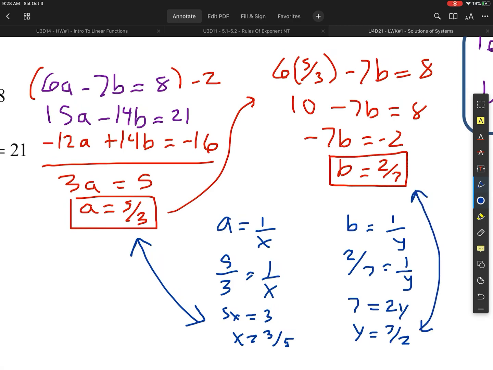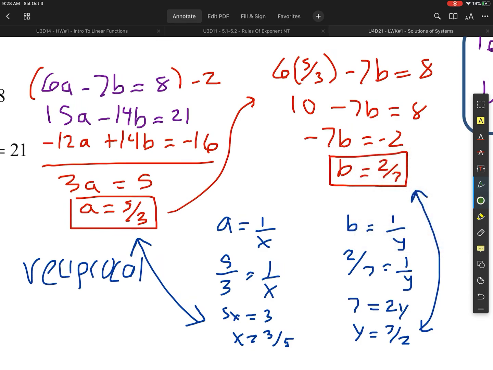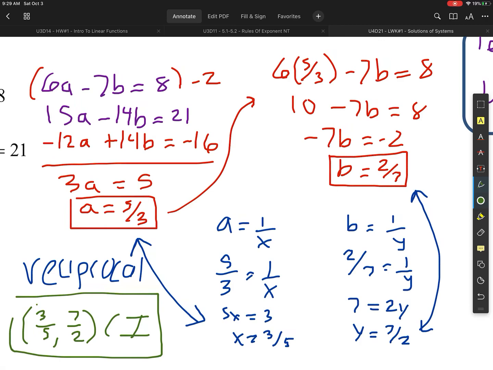B and y, they are reciprocals. So you do not have to actually solve this every single time. Just know that when you get A, when you get B, the answers are reciprocals. So what is our final answer? 3/5, comma, 7 over 2, and it is a consistent, independent answer. 1 point is the answer to this problem. Done.